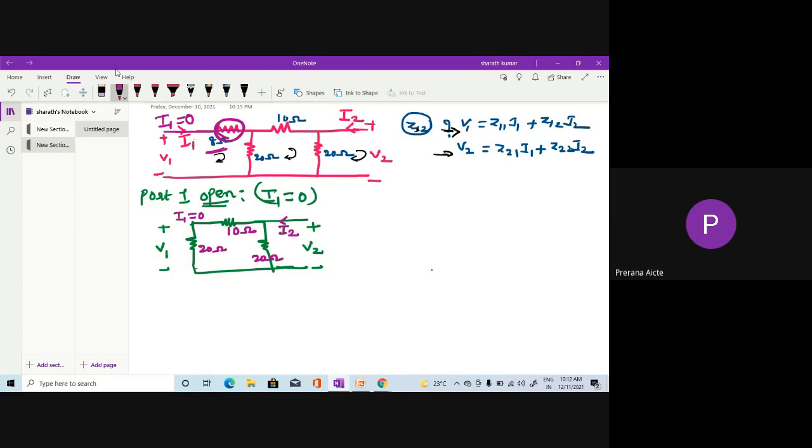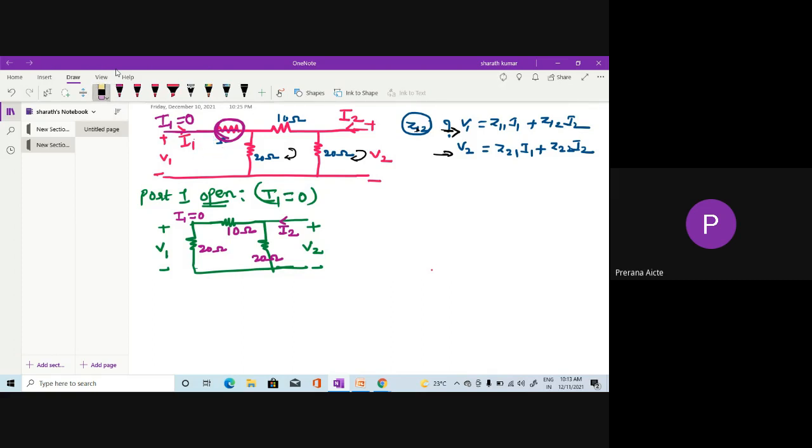That's why the 8 ohm resistor is in series with your current I1, and that's why this value is going to be eliminated. If the 8 ohm resistor is in parallel with port 1, then obviously it will be present. This is very important. Thank you for your doubt. So dear students, try to concentrate on this point.